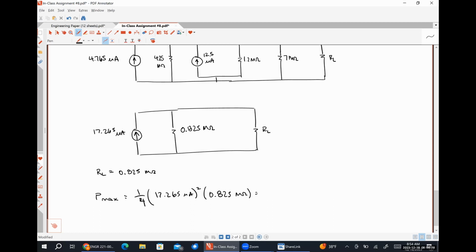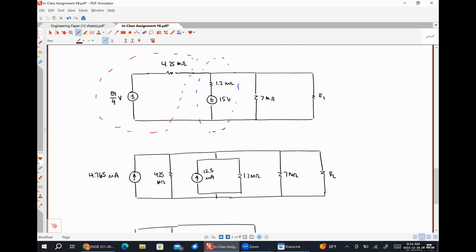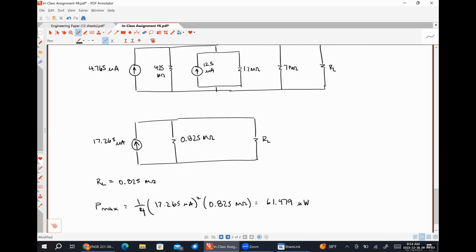So 1/4, 17.265 times 10 to the -6 squared, times 0.825 times 10 to the +6. I get 61.479 microwatts. A little bit of rounding error, but pretty darn close.